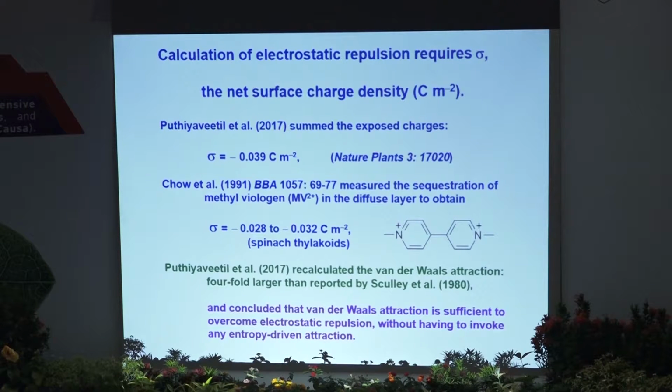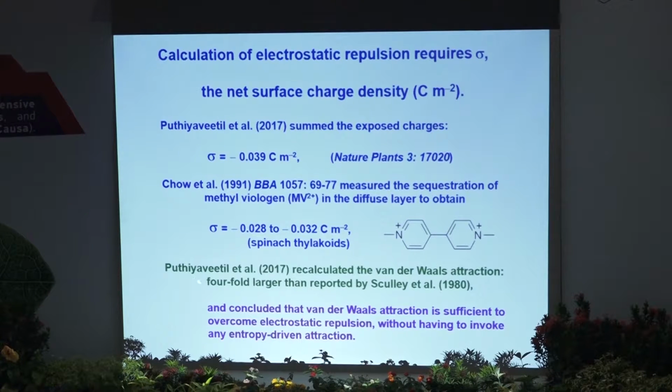For barley, we used another related compound, diquat, C14-labeled diquat, and obtained slightly lower negative charge densities on barley thylakoids.